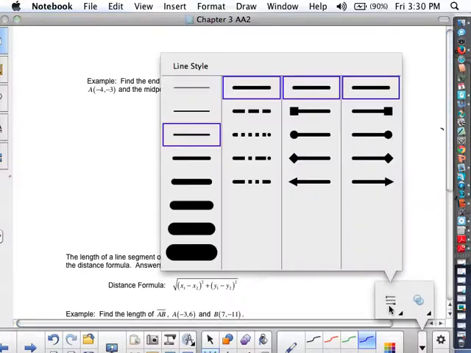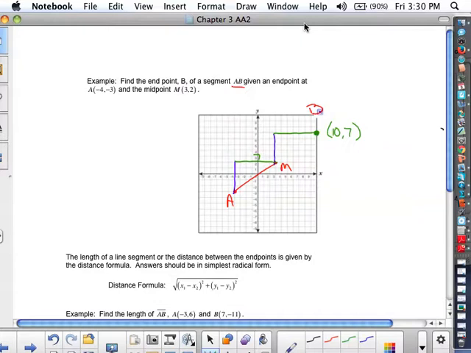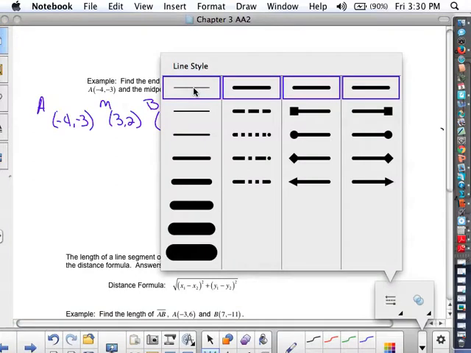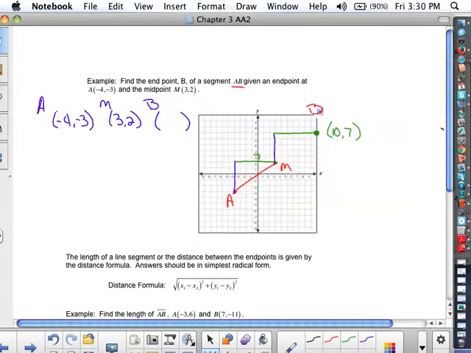A really quick and easy way to think about it is to just put it on a line and say, this is my point A at -4, -3. My midpoint is at 3, 2. My point B will be where? So look at the change in x's. The change in x's is +7.